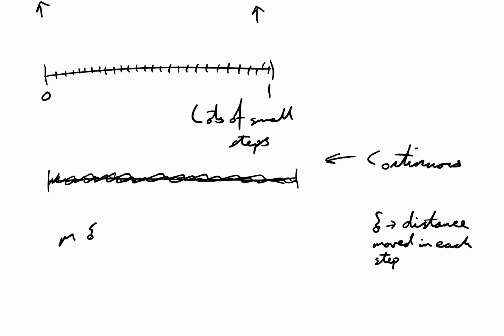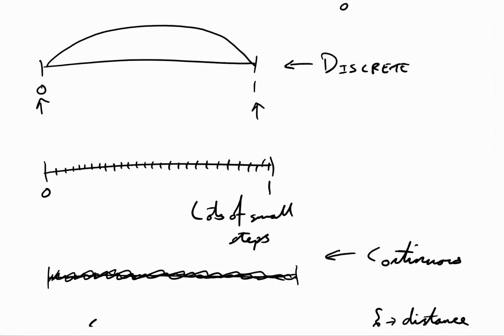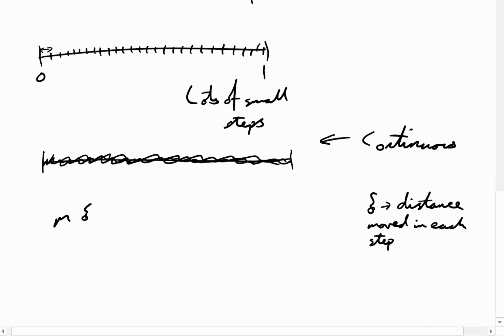Now we have to use delta because we're no longer moving by one big step; we're moving by lots of tiny little steps. We define x as our new position, which is m times delta. Likewise, n was the number of steps that we took in a particular time.